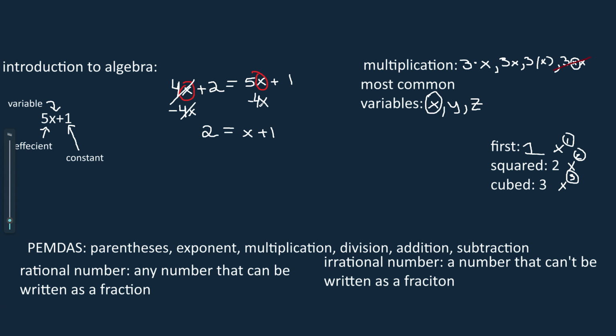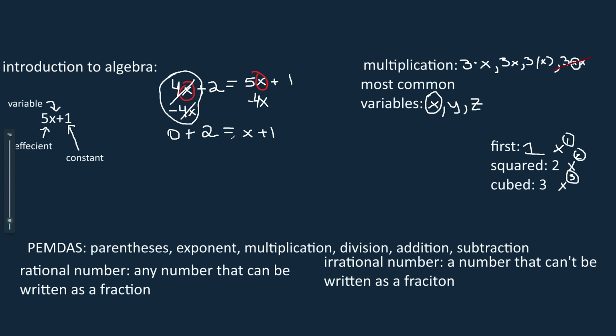is x. The reason why we're able to subtract terms is because these terms, as you can see, cancel out. Plus 4x minus 4x is equal to 0. So in reality, it's 0 plus 2.